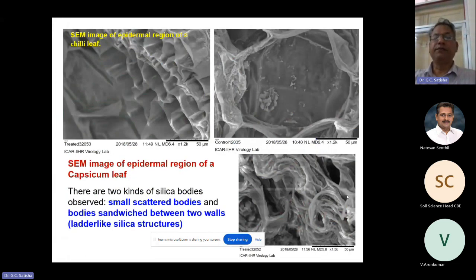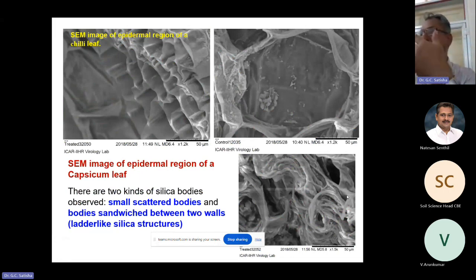We have also studied, when silica is sprayed, we have taken cross-sectional and bisectional leaves. Because the mechanical barrier is another area where we have to study. When we spray silica continuously, whether this silica accumulation takes place immediately beneath the cuticle layer, that is most important.